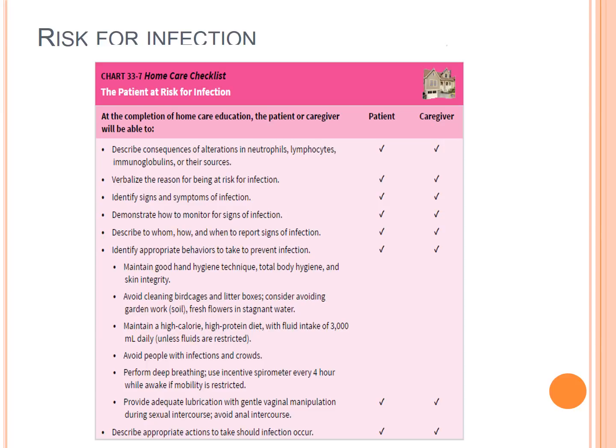Incentive spirometry, and also, if they are going to have intercourse, to be sure that they have adequate lubrication, because that can alter the mucosa in the reproductive tract if it is dry. So if they accidentally hurt the mucosa there, then that's an opening for infection. Okay, so these are things that you should be aware of, that you are educating your patients about who are experiencing leukemia or treatment for leukemia, and they're at high risk for infection.